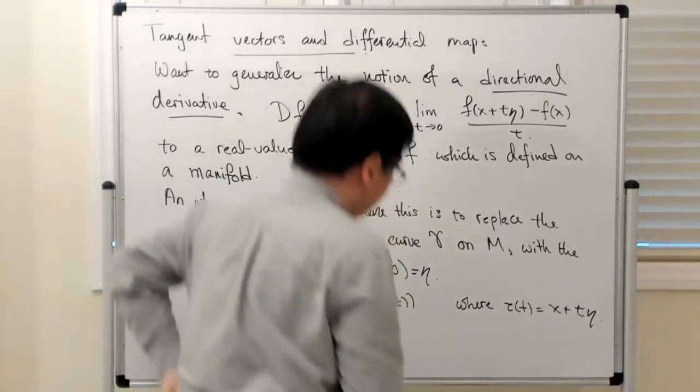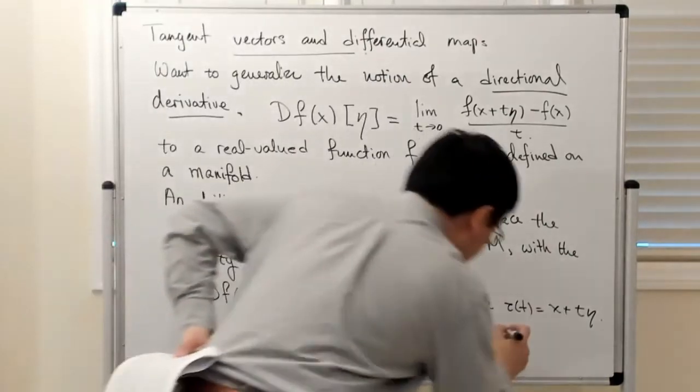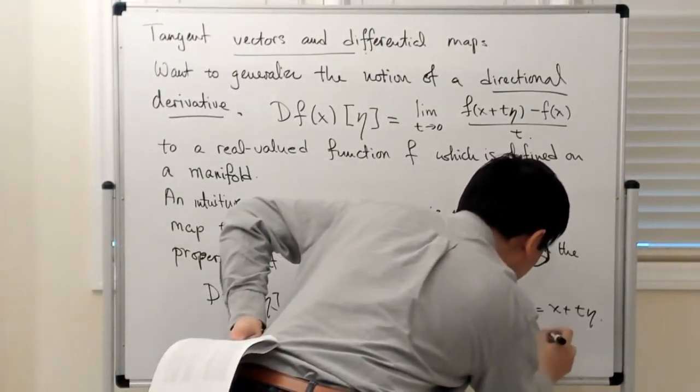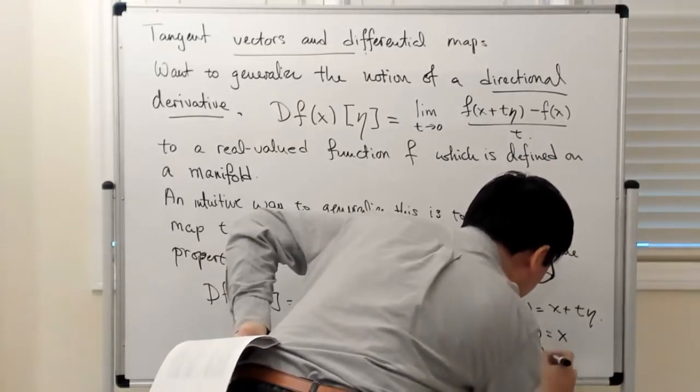So that's what's happening in the linear case, and of course it's easy to convince yourself that tau at 0 is x and tau dot at 0 is just eta.